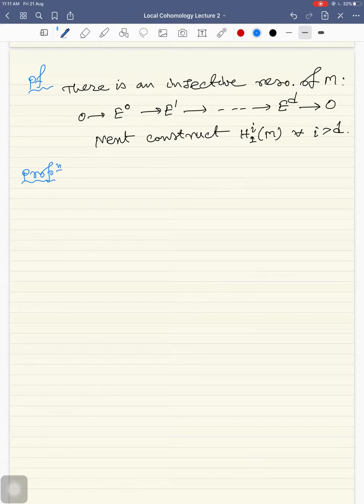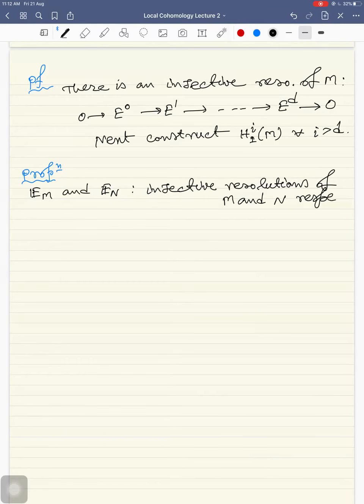This proposition says that you consider EM and EN, these are two injective resolutions of M and N respectively.